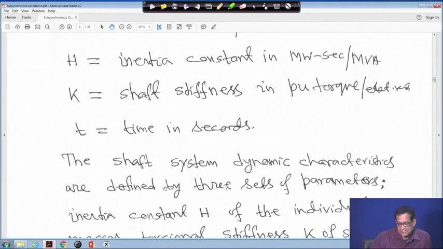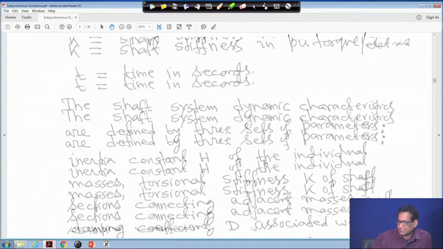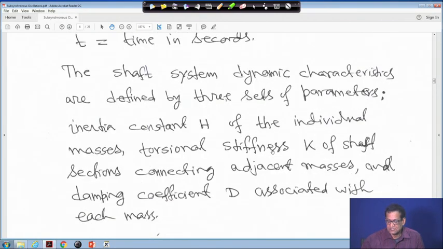The shaft system dynamic characteristics are defined by 3 sets of parameters.